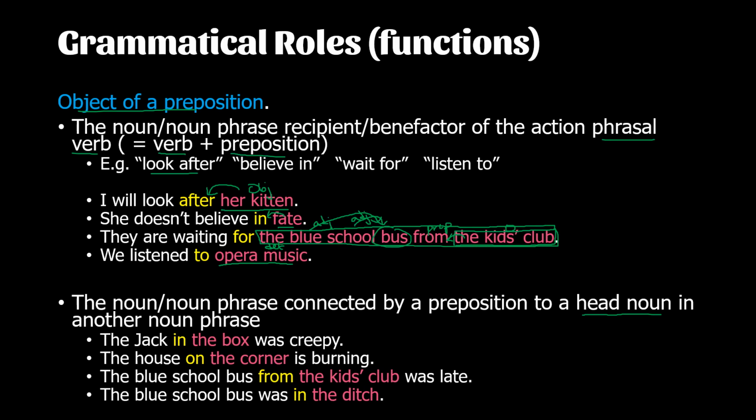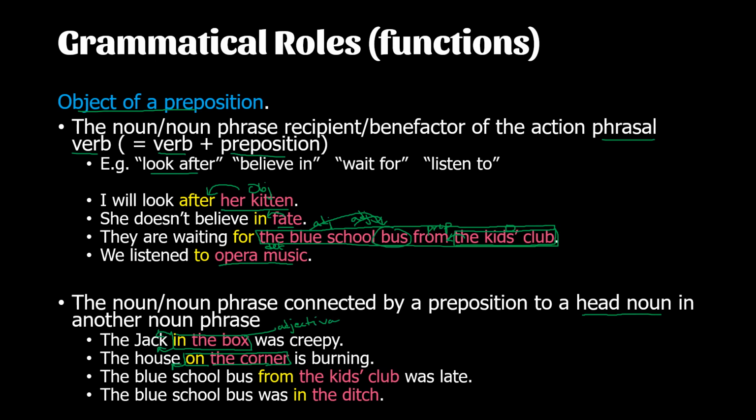So the Jack in the box, in is describing which Jack it is that we're talking about. The house on the corner is the object. On is connected to house. So the house on the corner, this prepositional phrase is describing this noun, which means that it's acting as an adjective.